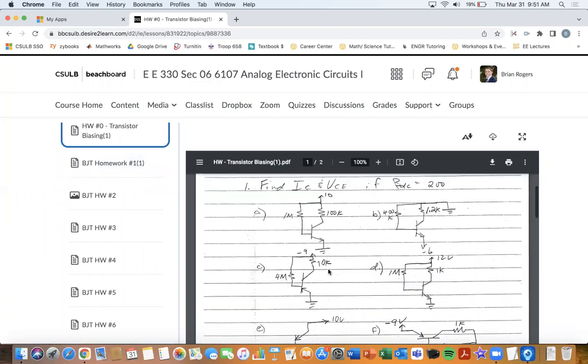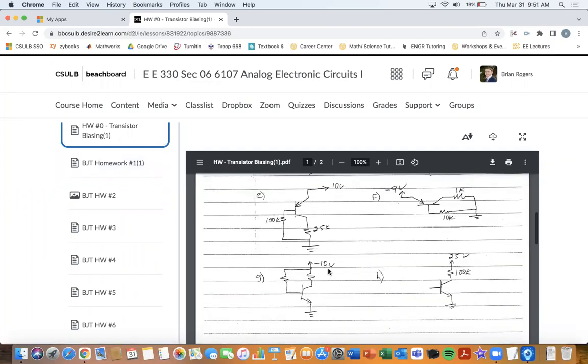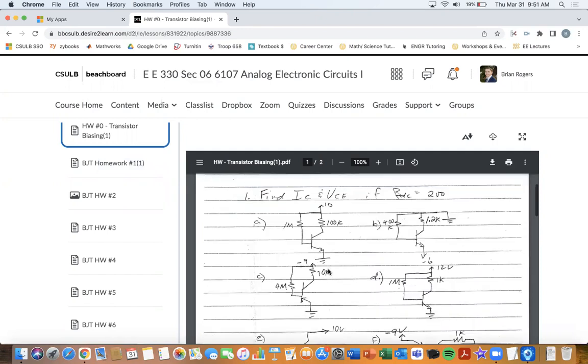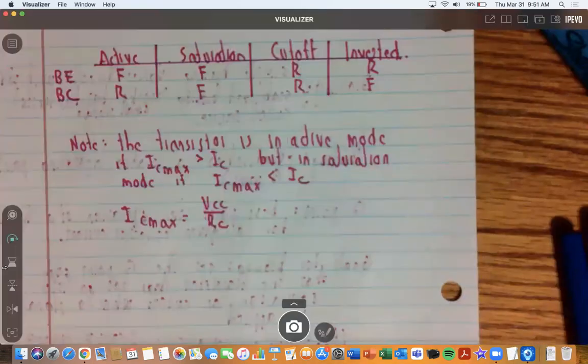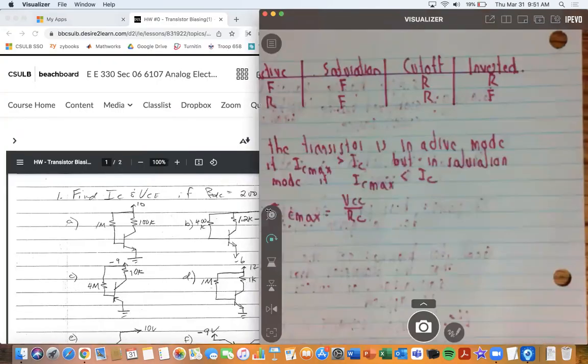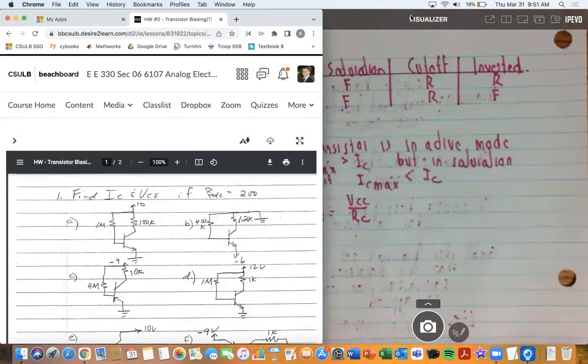Okay, yeah. Let's look at number 1A in particular, and then we'll look from there. So I'm going to put this on the left-hand side, and let me put this on the right-hand side. Let's do some examples from his sheet.